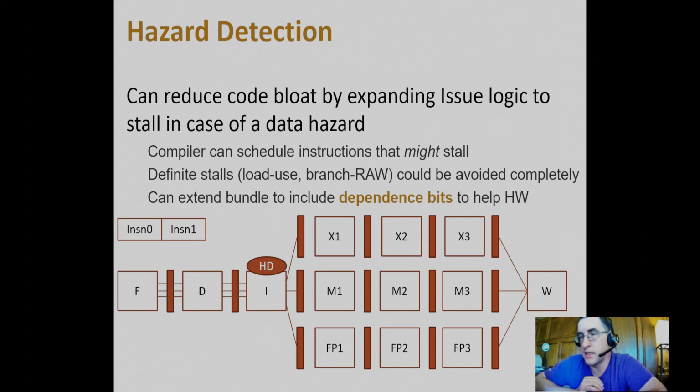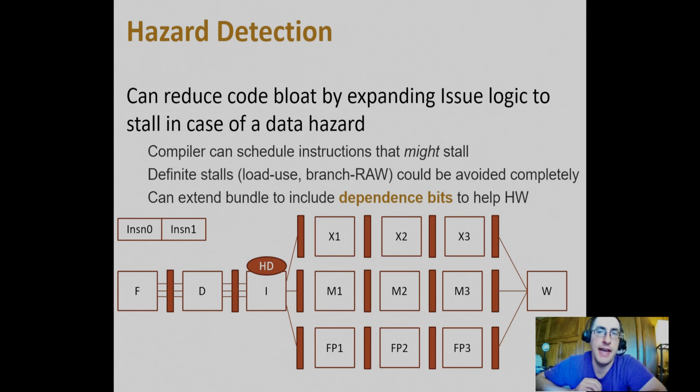We can simplify our compiler by adding hazard detection logic in our issue stage, which can check for dependencies between instructions within the same issue packet. And that would allow the compiler to schedule instructions together that might have stalls. The compiler can still avoid stalls it knows will happen, so it can still avoid load use stalls within a single issue packet.